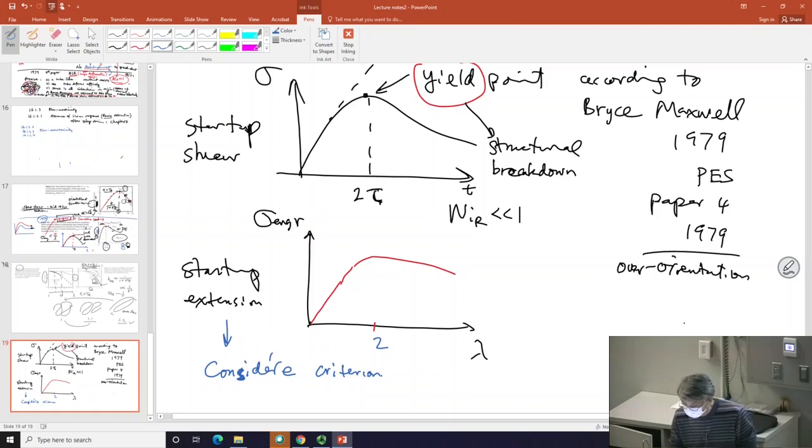Because what we should find out is why the stress will drop. Well, we know what the tube model says why stress drops. It drops because area starts to decrease.